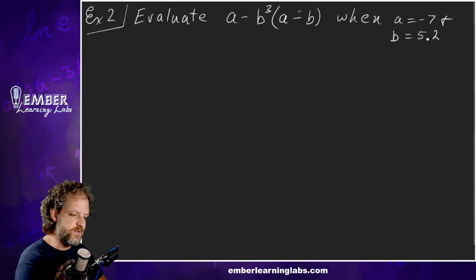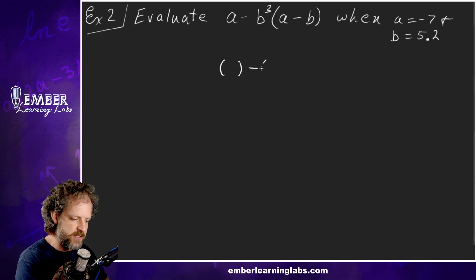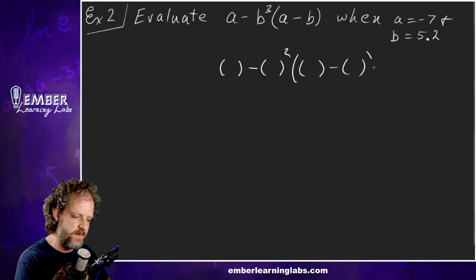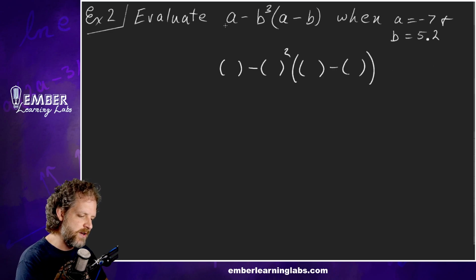So step 1 is write this down with parentheses where the variables are, right? So we're going to put parentheses for the a, minus parentheses squared, parentheses minus parentheses, right? Now we're going to plug in for a everywhere there's an a. So there's an a right here and there's an a right here.